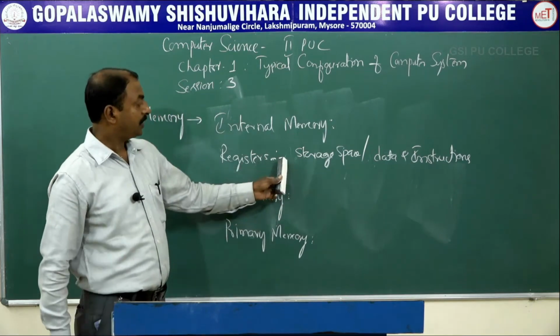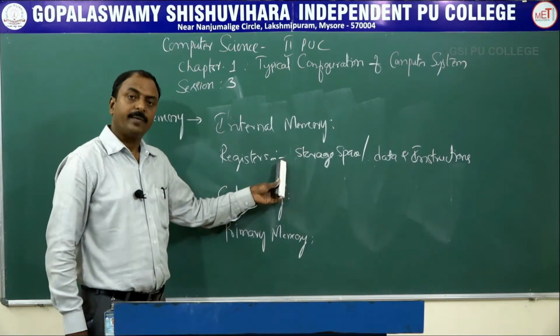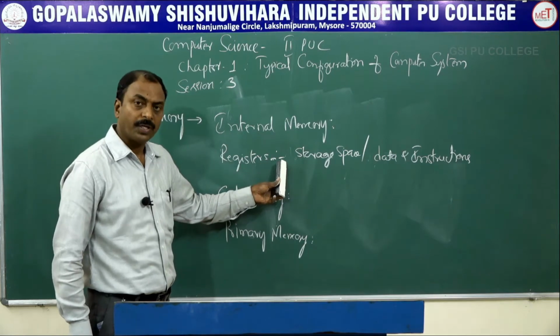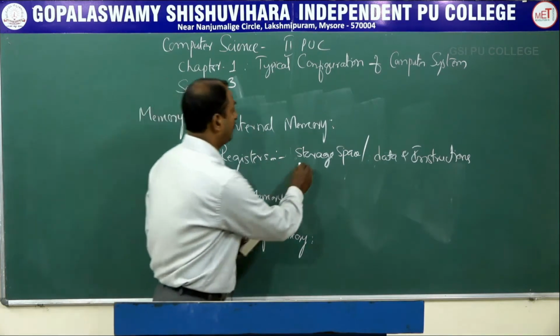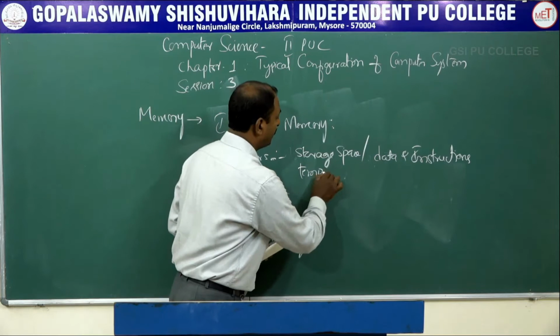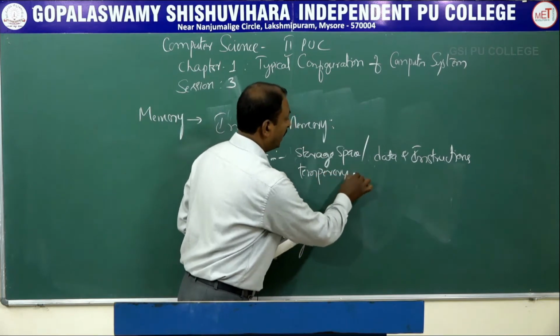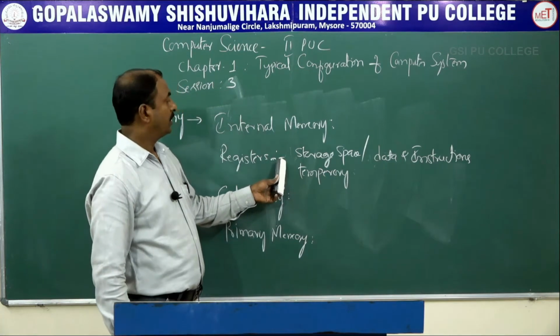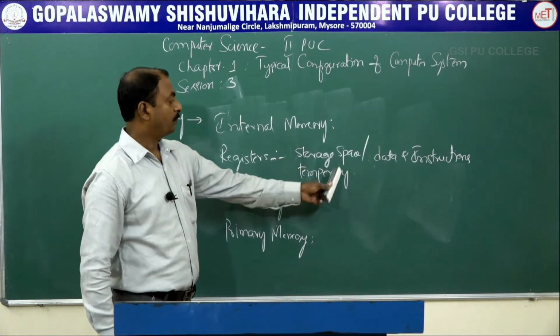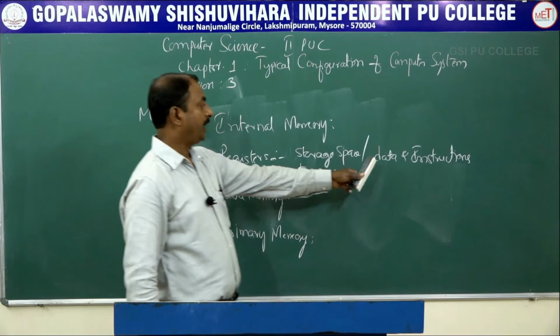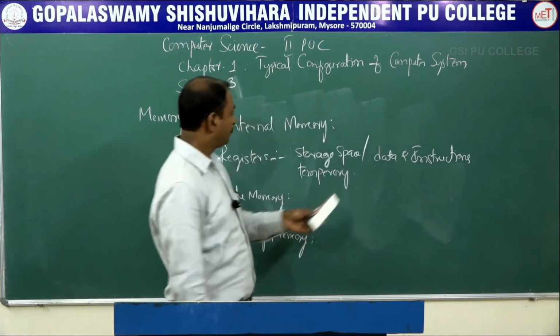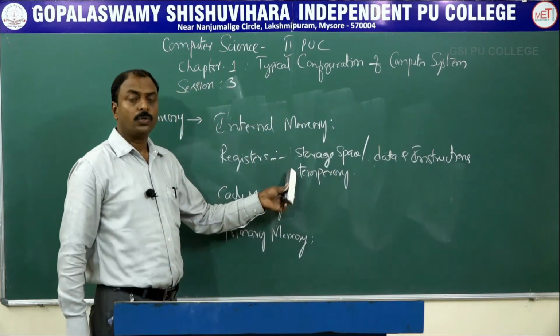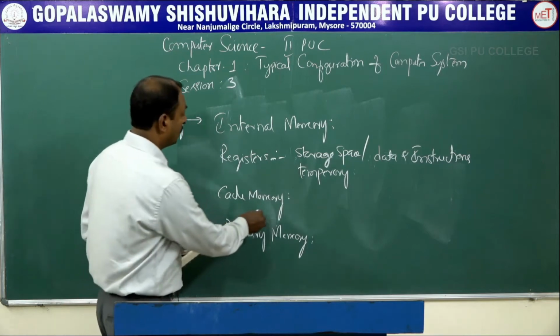Registers are a small memory, a temporary memory, and these registers are made up of a group of cells. So registers are a temporary memory which store data and instructions temporarily. So next one is called cache memory.